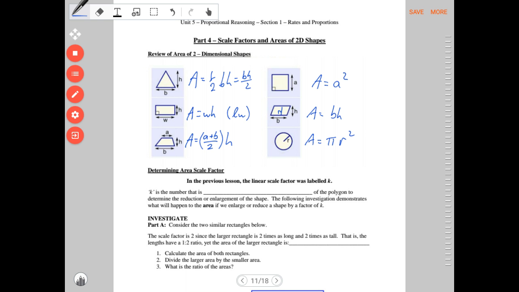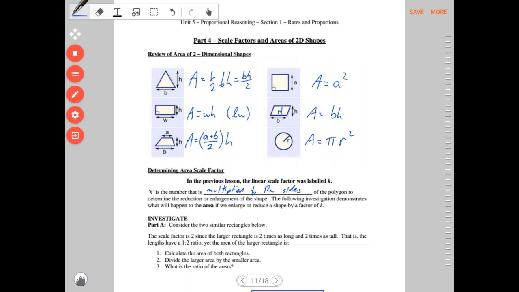Well, k is simply the number that is multiplied to the side lengths, to determine the reduction or enlargement of the shape.